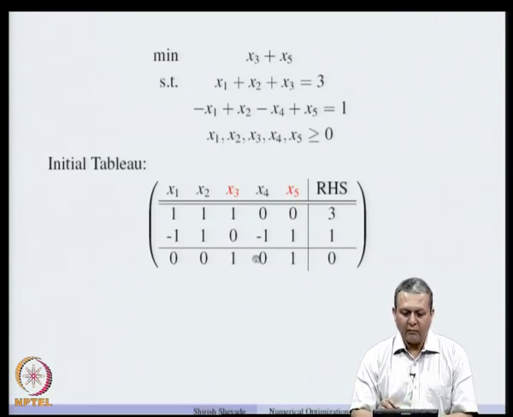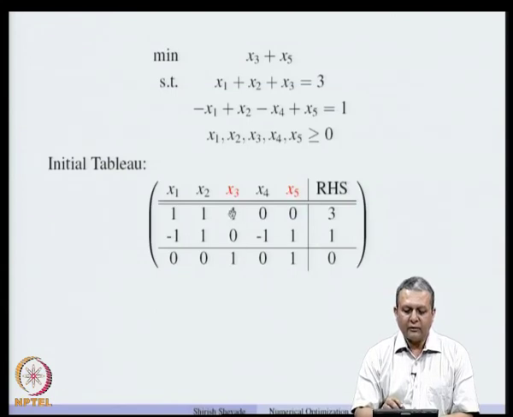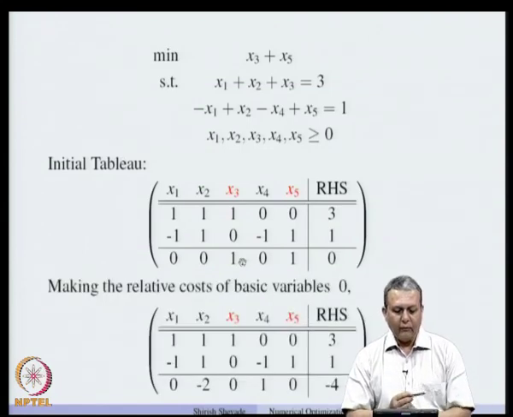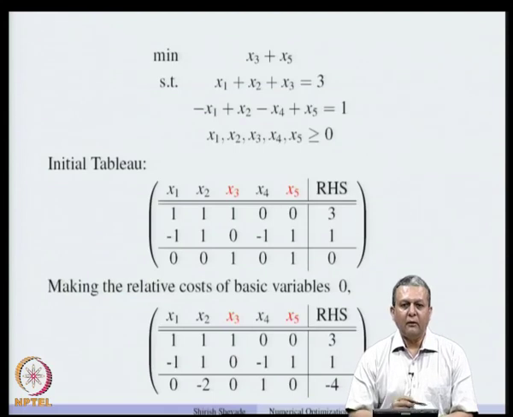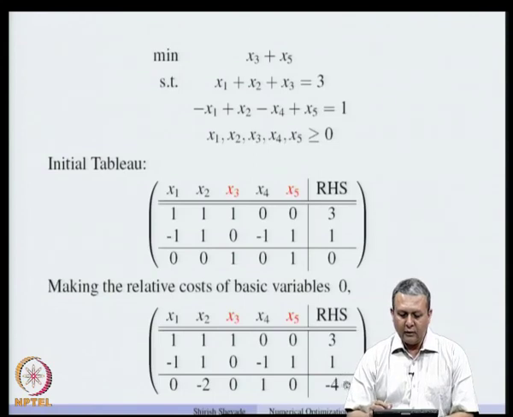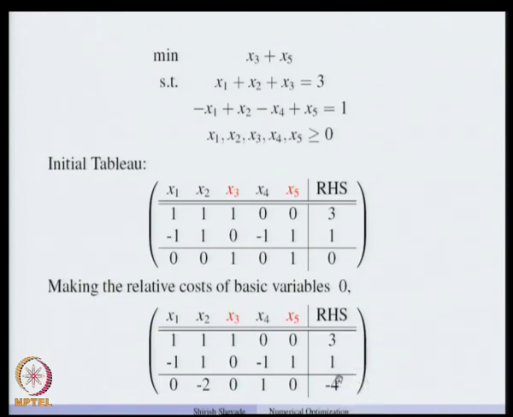Here the relative cost of the basic variables is 1, so we first make them 0. That is done by multiplying this row by -1, this row by -1, and then adding the 2 to the last row. If we do this operation, you will see that the basic variables x3 and x5 have relative costs of 0, and we get an initial point where the objective function is 4.